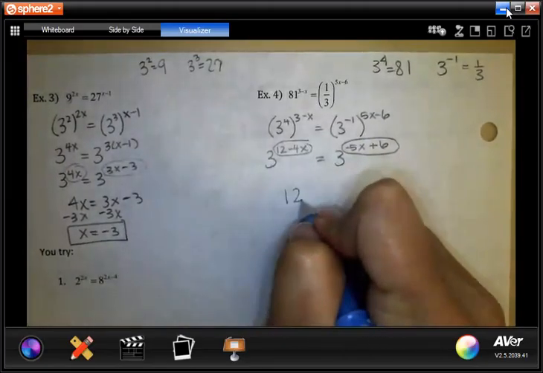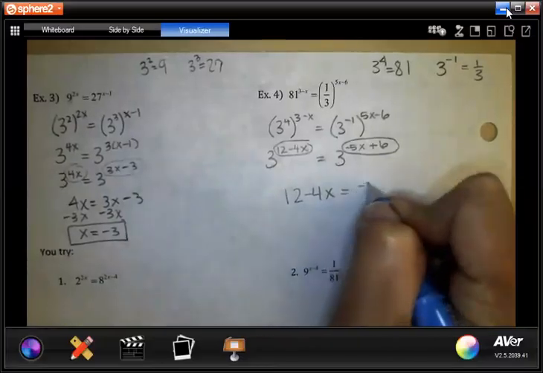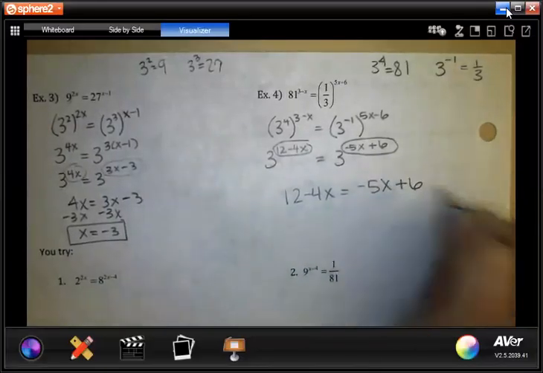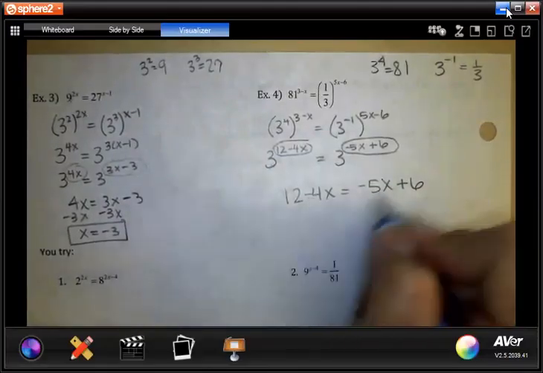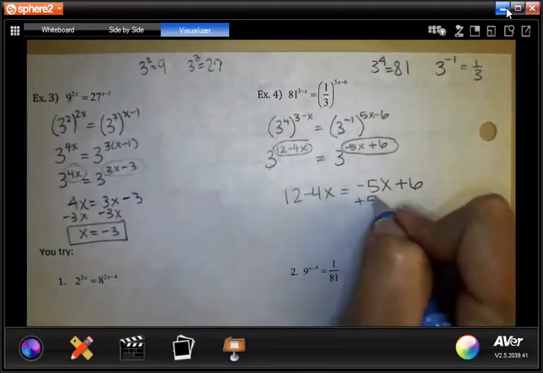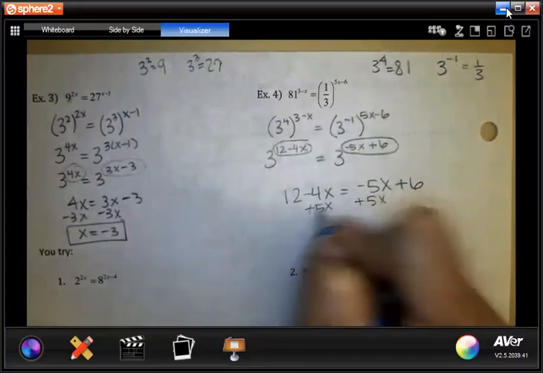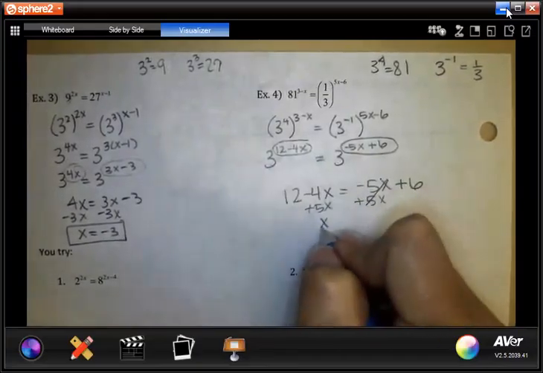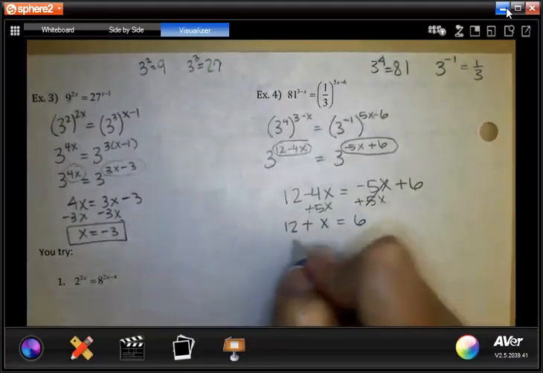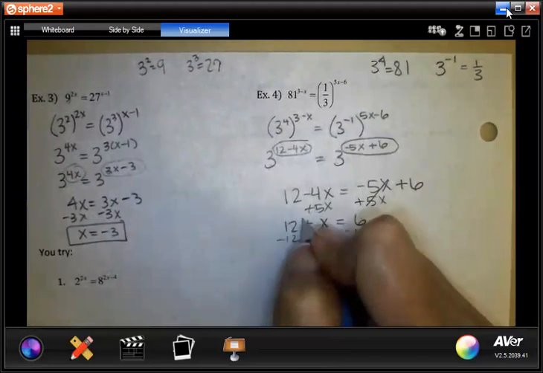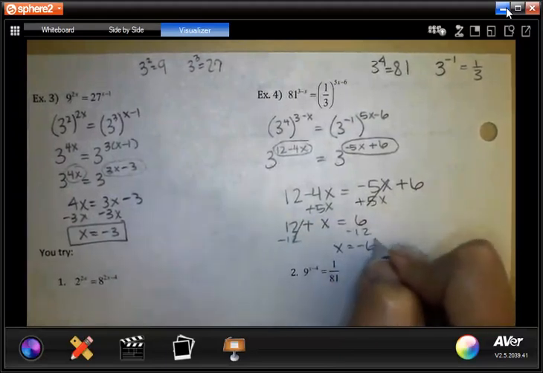So that gives us 12 minus 4x is equal to negative 5x plus 6. We're going to get our terms together, so I'm going to add the 5x to get it to the other side. That gives us 12 plus x is equal to 6. I subtract the 12. X is equal to negative 6.